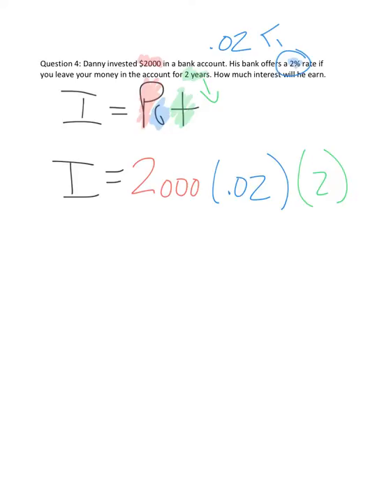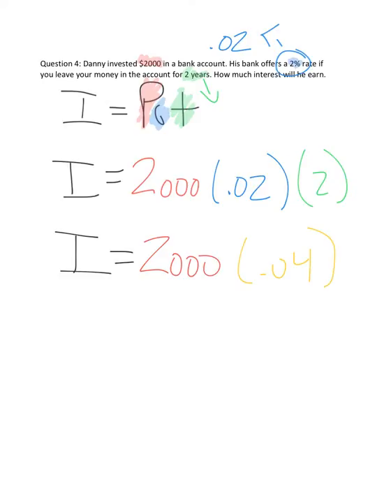So now we're going to solve. I equals, we're going to do 0.02 times 2, and we're going to end up with 2,000 times 0.04.